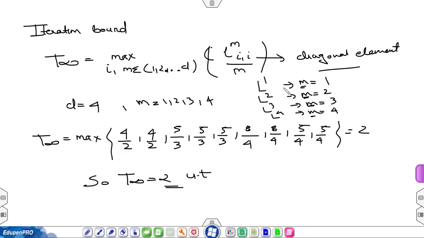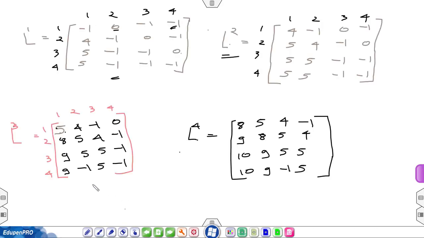Take positive values only, you don't have to take negative values. For L1 all the diagonal elements are negative. Here 4 is positive and m is 2, so 4 by 2 from this matrix and again 4 by 2.